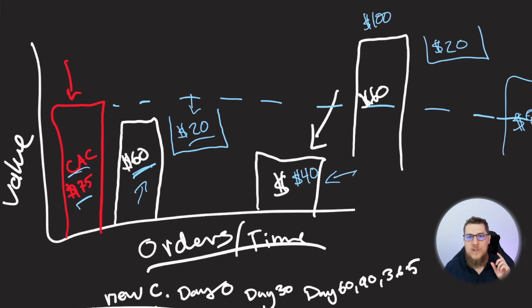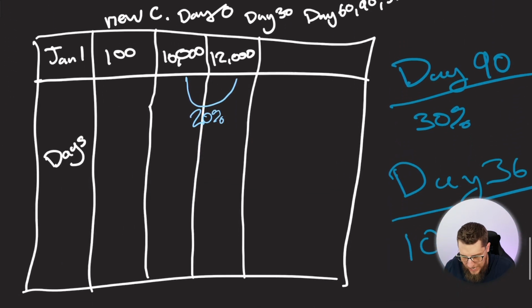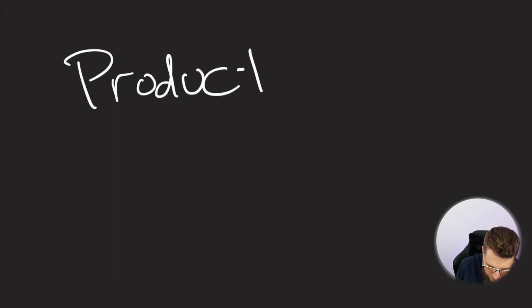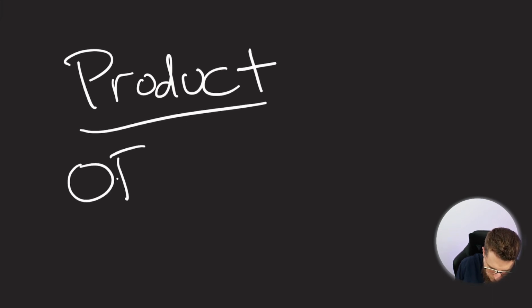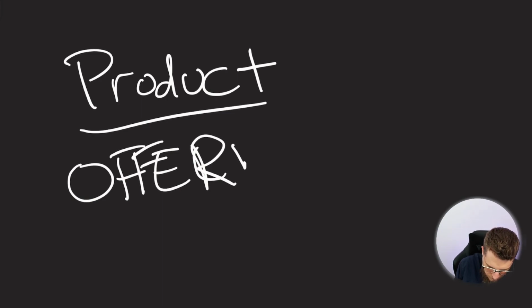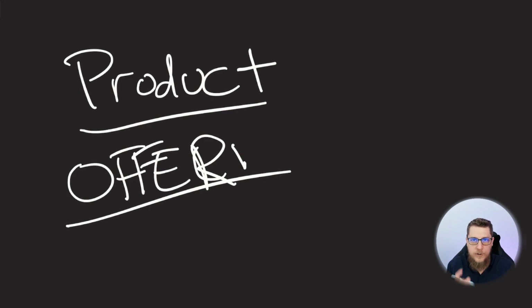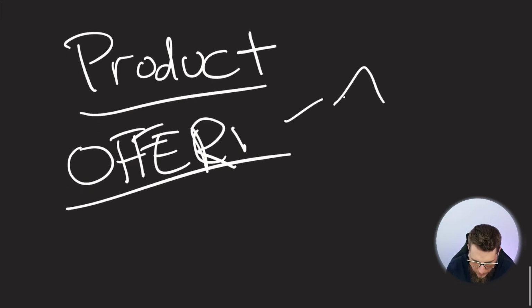So what is a way that you can influence LTV? How can you actually influence LTV? The number one way to influence LTV is going to be your product mix, your product offer, which comprises your AOV and margin.